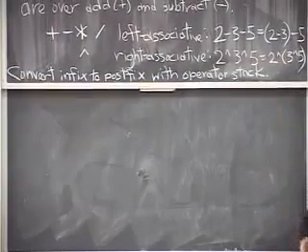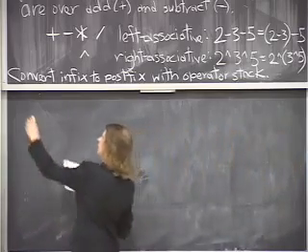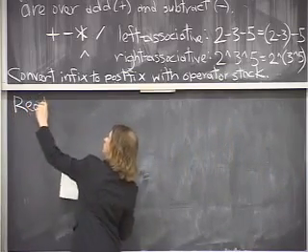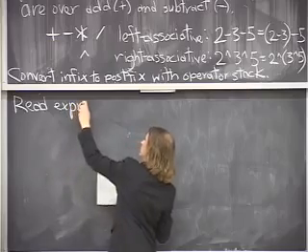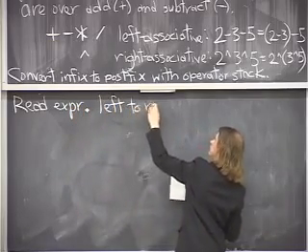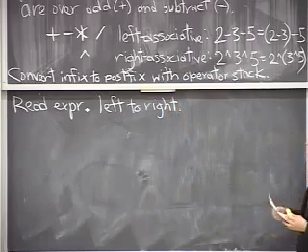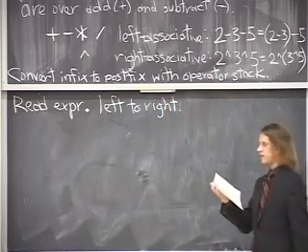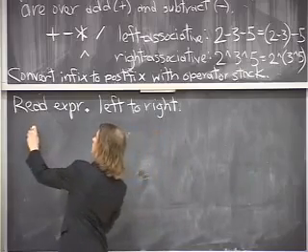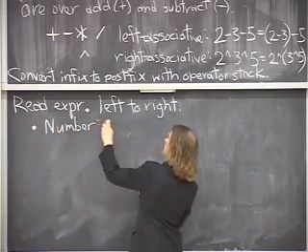So our algorithm for infix, like our algorithm for postfix, is going to read the expression from left to right. And during this time, when we encounter a number, we just print it out immediately.